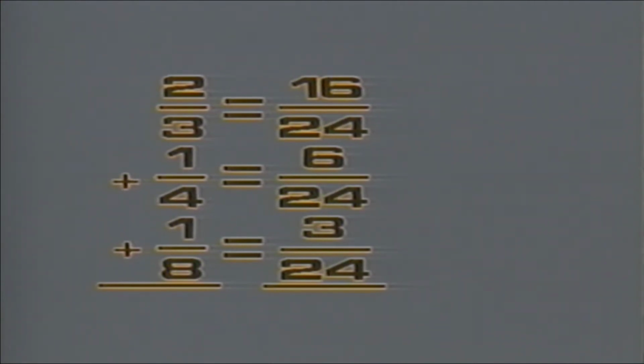The sum is 16 plus 6 plus 3, or 25, over 24. Change the improper fraction 25 over 24 to the mixed number 1 and 1/24. So it won't fit. What you get is 1 cup of the drink and 1/24 cup mess. We should have used a larger glass.